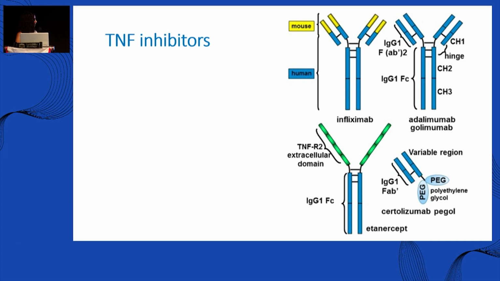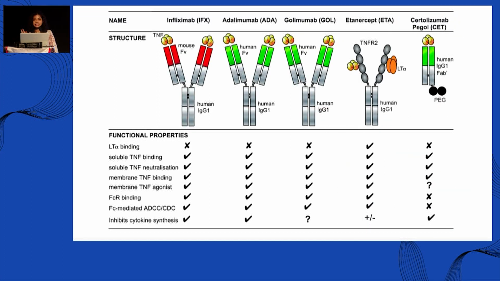And etanercept is not a full antibody in itself, it's a fusion protein where the Fc portion is bound to the extracellular domain of the TNF receptor. And certolizumab is a much smaller molecule because it has the Fab segment which is bound to polyethylene glycol molecules. Because it's much smaller, it has better tissue penetration and it is also less immunogenic, particularly than infliximab. And there are also subtle differences in the way that these act and where they bind.